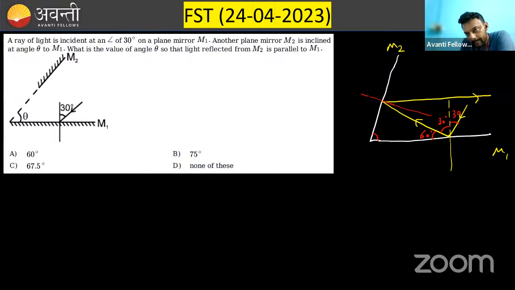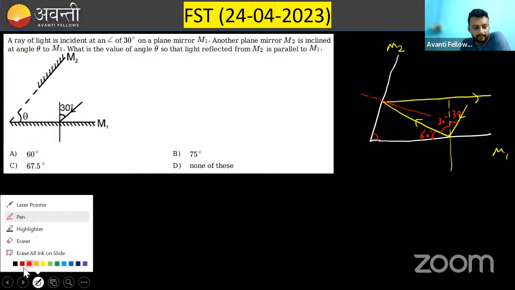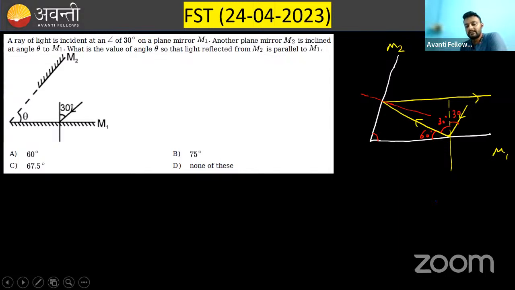This will be the normal. Is it clear? Now it's completely pure geometry, nothing else. This angle is given as theta. The M1 and reflected rays are parallel, so you can say that this angle is also theta. Clear?